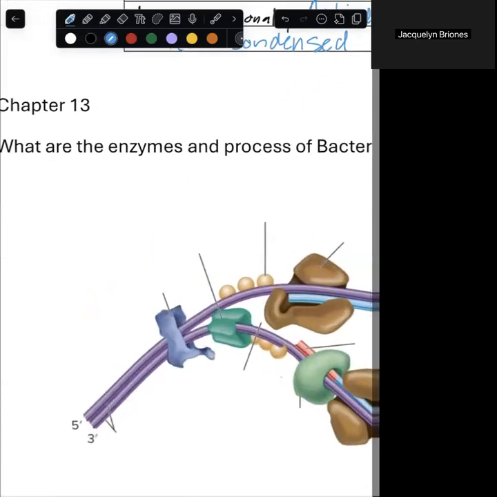You can also conceptually think of what's happening as you're naming them. Here we have topoisomerase 2, which is also DNA gyrase.